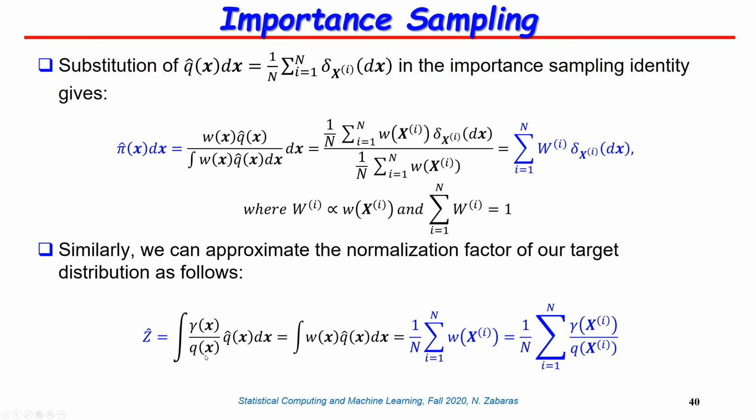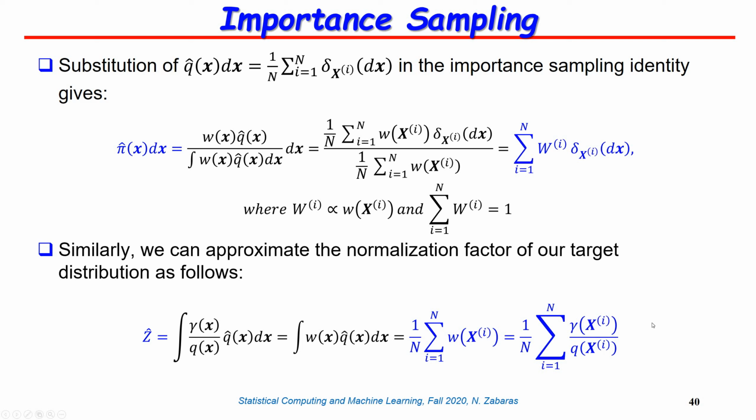So if you multiply and divide by q, you get the little w weights, and now you can plug in the empirical measure for q and do standard Monte Carlo, and the Monte Carlo approximation for the normalization factor Z is nothing else but 1 over n summation of little w evaluated at the samples xi, where xi are again samples drawn from the importance sampling distribution Q of x.